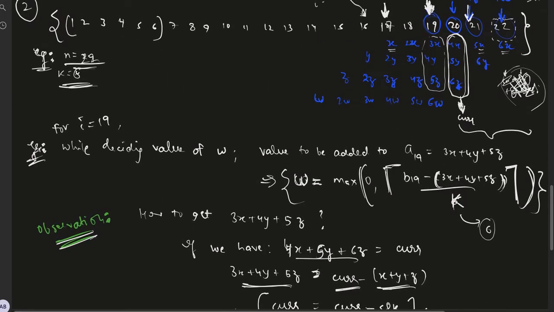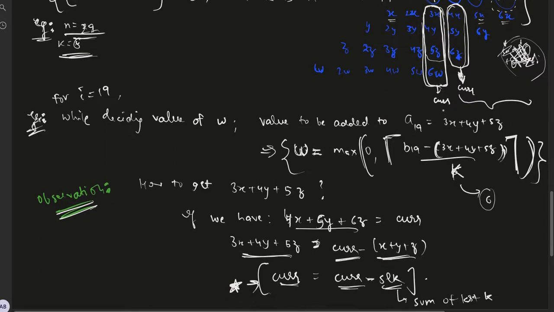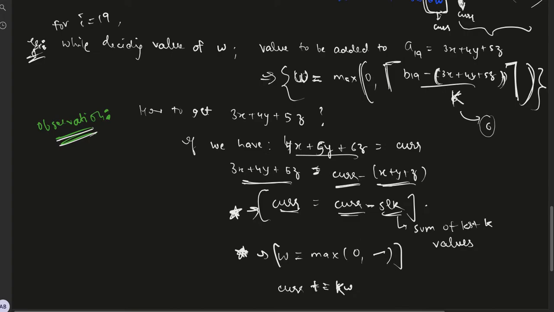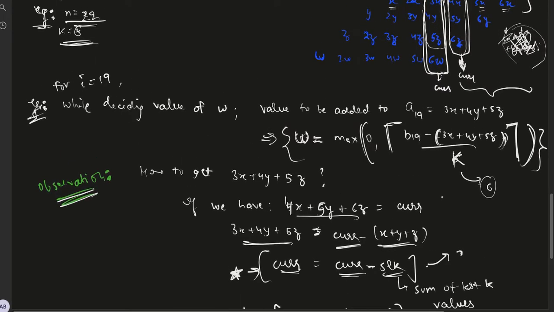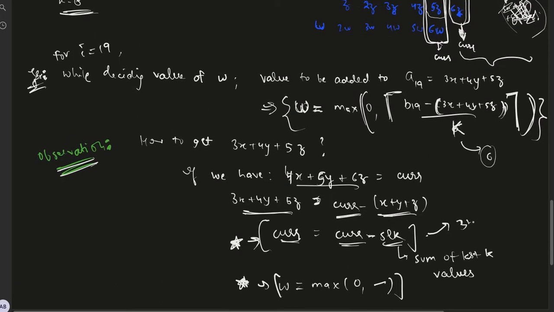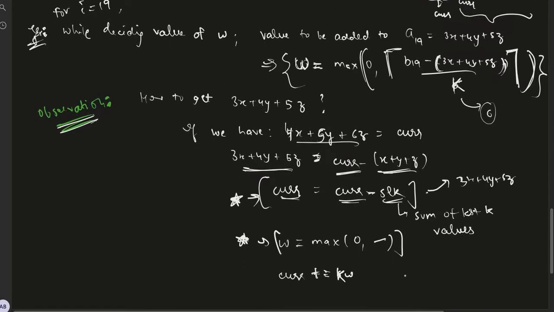Once we have w, for when we reach index 18, we need to update current and skl also. Current now becomes this quantity. After this operation, current was 3x plus 4y plus 5z. Now we need to add 6w also.